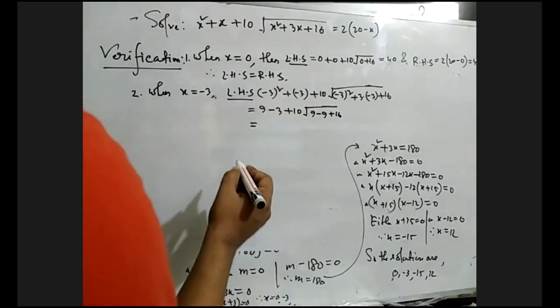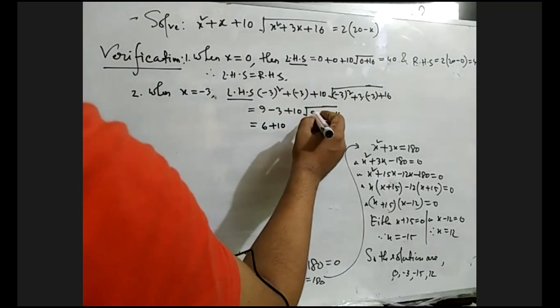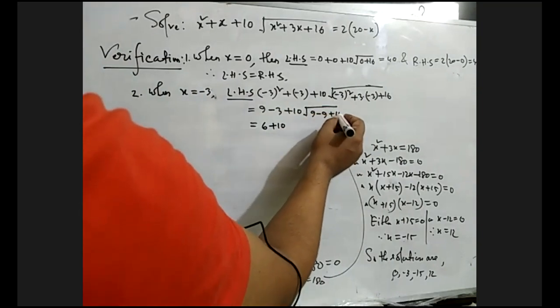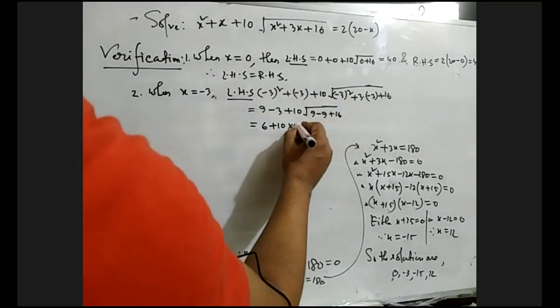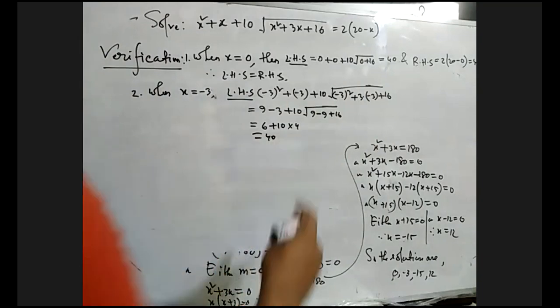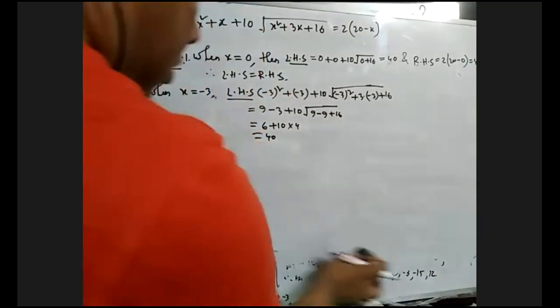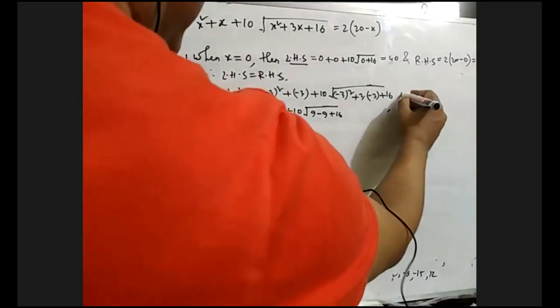That means 6 plus 10, 9 and 9 will be cancelled, so we get only root over 16. Root over 16 means 4. That means 40. So 40, and 6 plus 40 is 46.